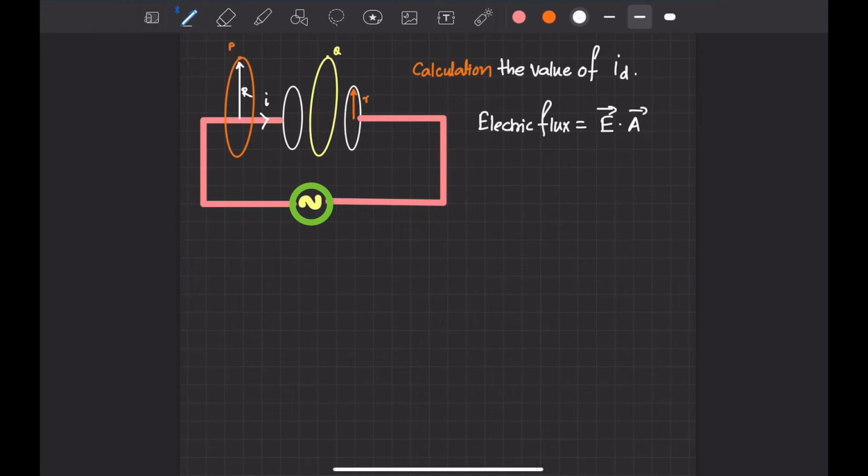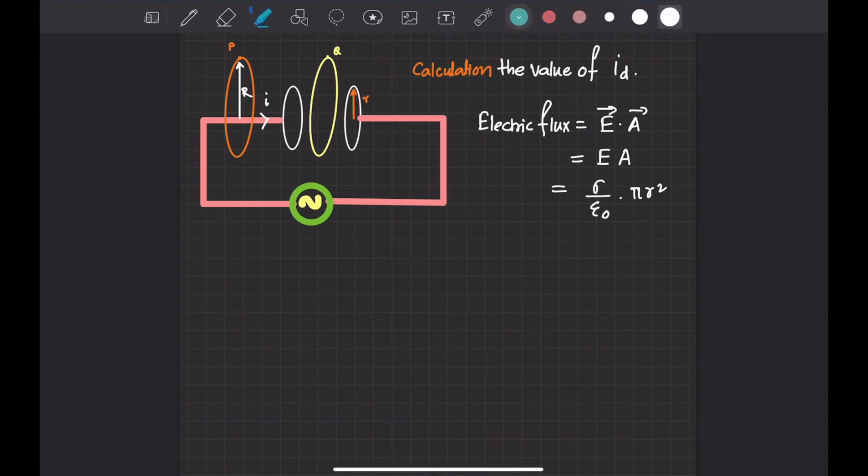Now here the area and the electric field are parallel to each other, so that will be cos 0 degree, and that is 1, and that is why we can write simply EA. All right, so now what is E? For any parallel plate capacitor, we know that the value of E is equal to sigma by epsilon naught, and the value of A in this case is equal to pi r square, right?